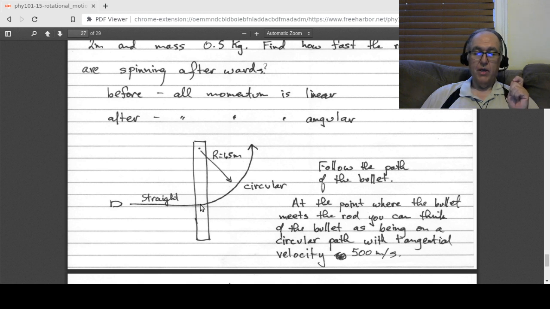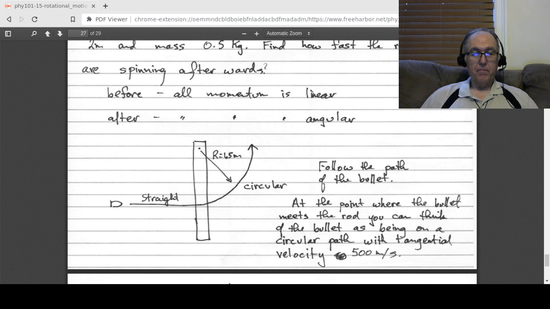When it's straight, you could think about it having a linear velocity v, but when it's circular, it has an angular velocity omega. We can relate that angular velocity to the linear velocity because v is equal to r omega. So we're going to use v equals r omega to translate between our linear quantity and our angular quantity.